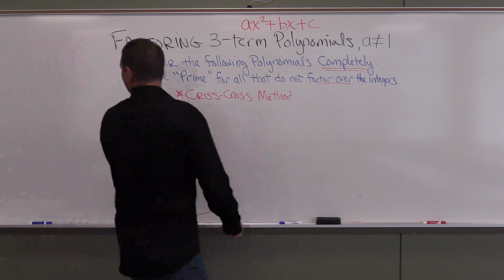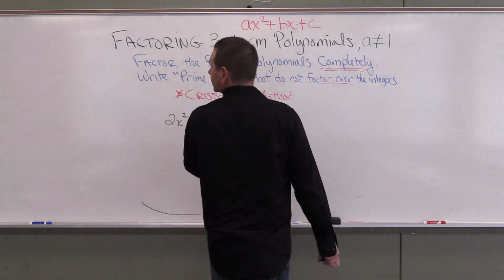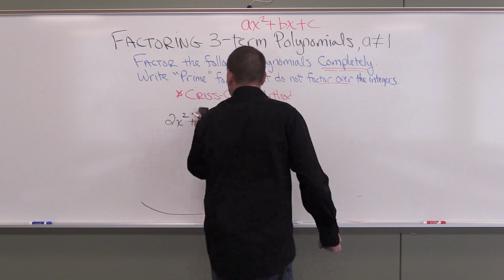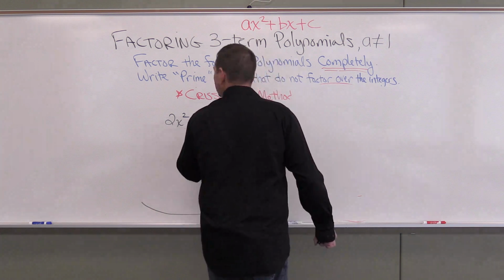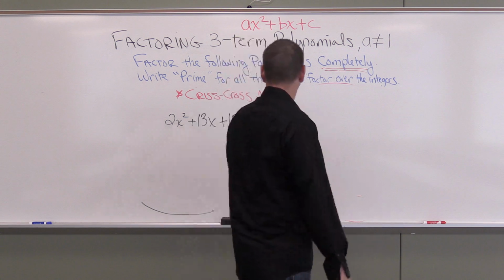So let's go 2x squared plus 10x, plus 13x. And then plus 15. That would be a good one to look at for crisscross.